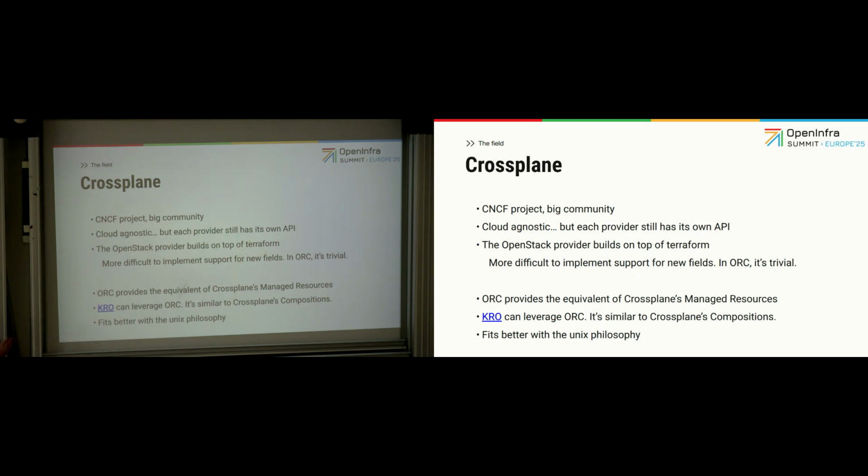So just in terms of features, ORC would be, roughly speaking, the equivalent of Crossplane managed resources. But Crossplane does more things. And one of the things that Crossplane does is composition. And there we're lucky because there is a new project called KRO, for Kube Resource Orchestrator, I think.